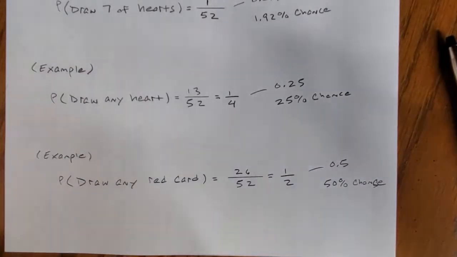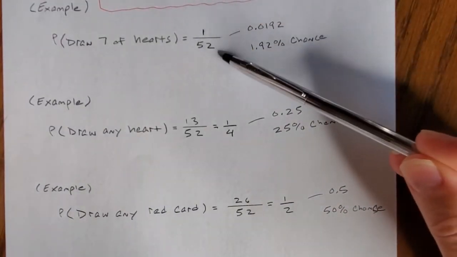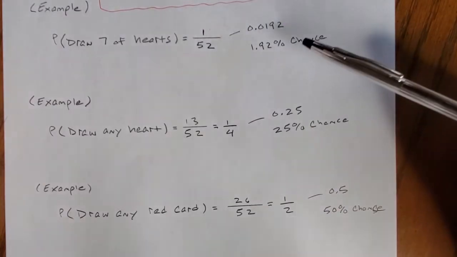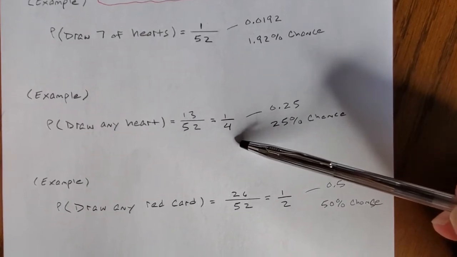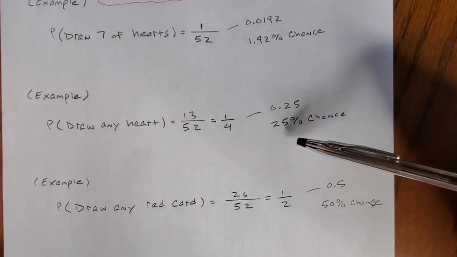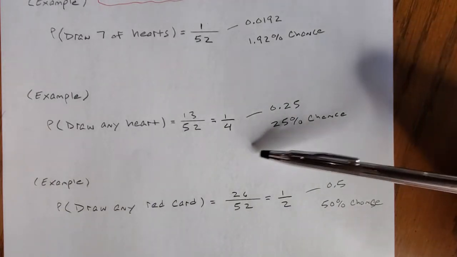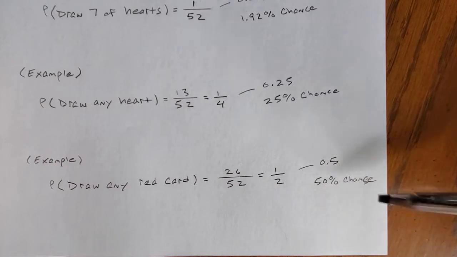Now, I was hoping as I went along that, when I talked about drawing the 7 of hearts, I don't have a good chance of drawing that. When I picked a card at random, it wasn't the 7 of hearts. My odds are a little better of drawing any heart, a 25% chance of that. I tried it, and I didn't draw a heart. But I've got even better odds of drawing any red card, a 50% chance.